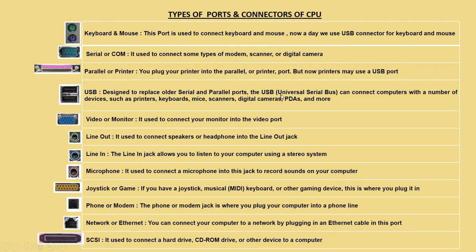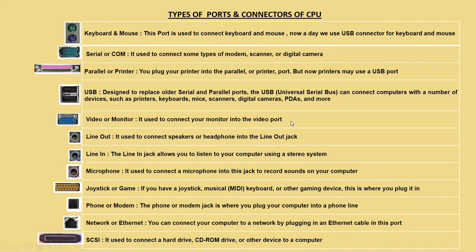The USB is nothing but universal serial bus, which can connect computers with a number of devices such as printer, keyboard, mic, scanner, digital camera, PDA, etc. Okay. And this is the VGA port, or it can be pronounced as video port also, or monitor port also, and it is used to connect your monitor to the video port.